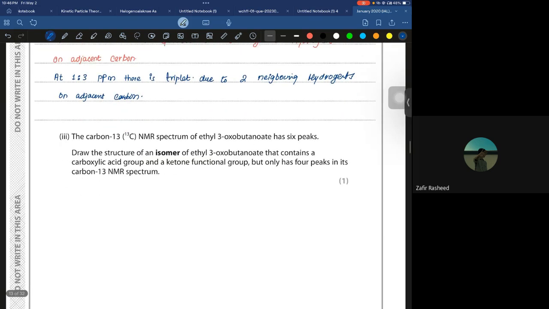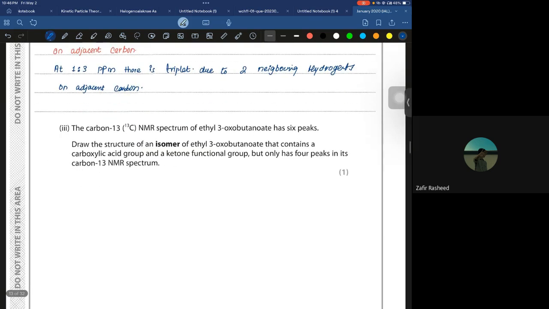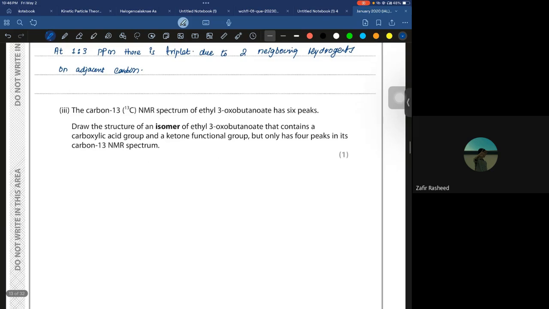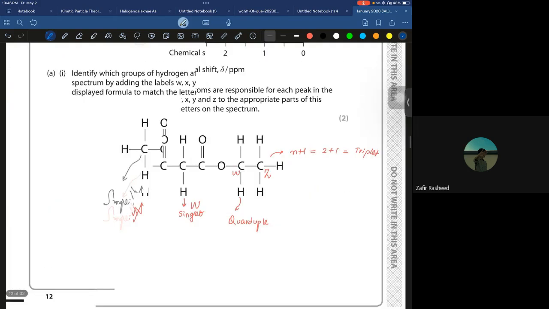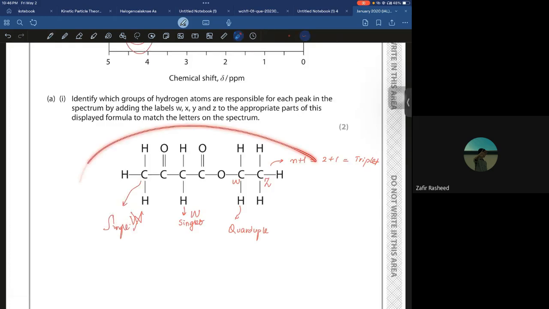The carbon 13 NMR spectrum of ethyl 3-oxobutanoate has 6 peaks. Draw the structure of an isomer of ethyl 3-oxobutanoate that contains a carboxylic acid group and a ketone, but only has 4 peaks in its carbon 13 NMR spectrum.